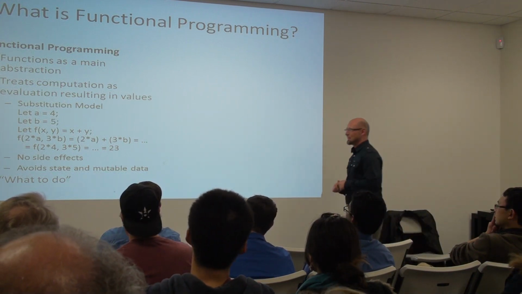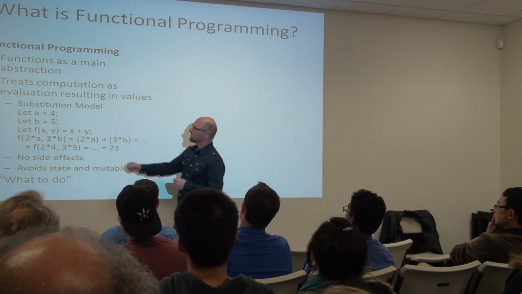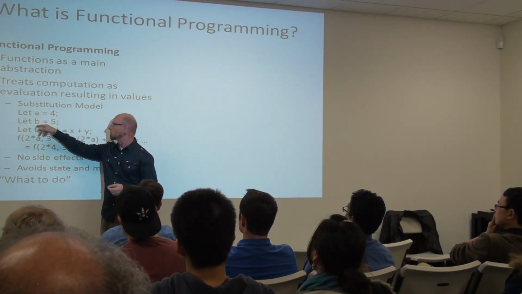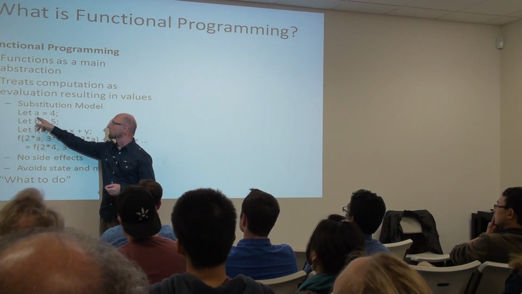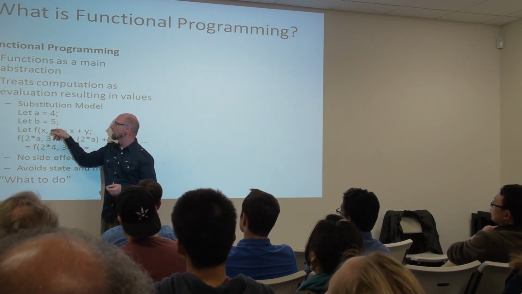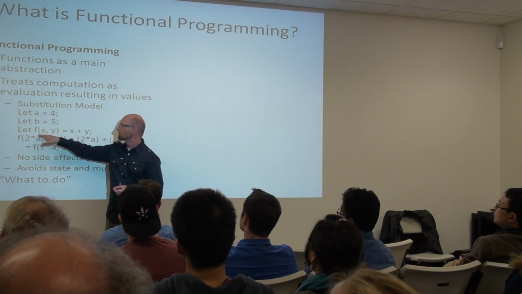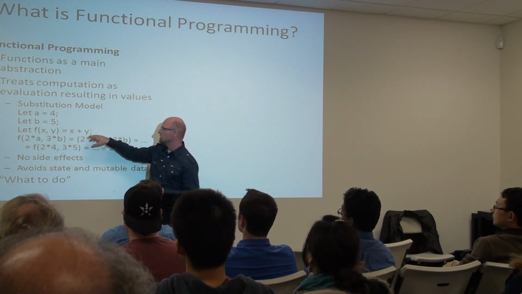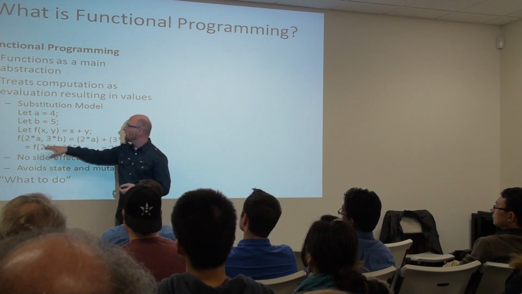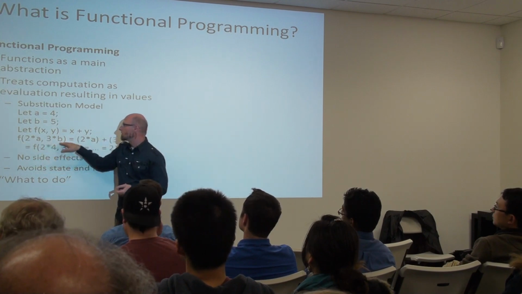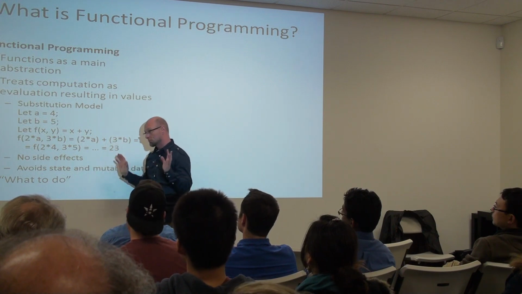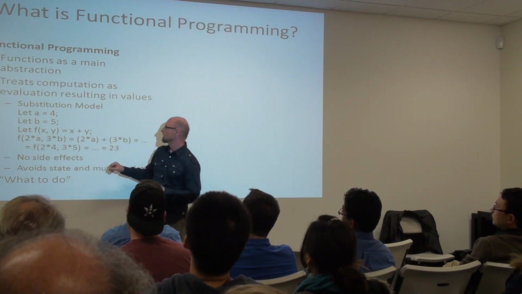Let me give you an example here. Over here we have the definition of a couple of constants. We set them to a certain value. And then I define a function, which is also constant, does not change. And then I write up this expression. Now what can happen here is one of two things, or a multitude of things, but at least 2 things.